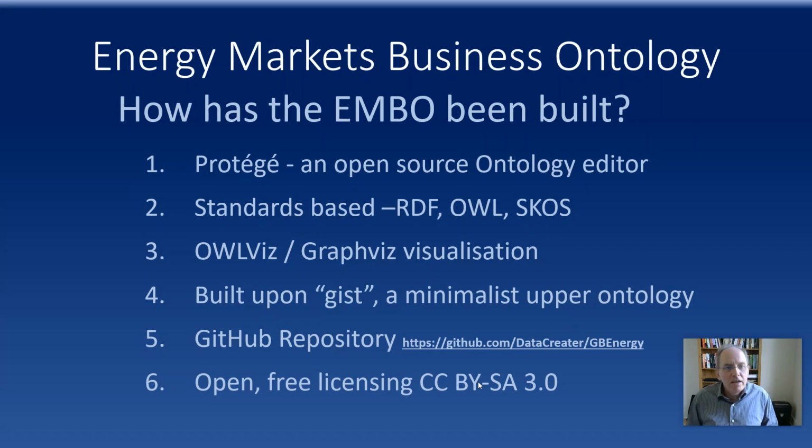So if you want to find the energy markets business ontology, it's held on the GitHub repository. The link is given there. It's possible from there to download the files into Protégé or into your own ontology editor and really have a good browse through the ontology, try some scenarios yourself and try to extend the ontology.